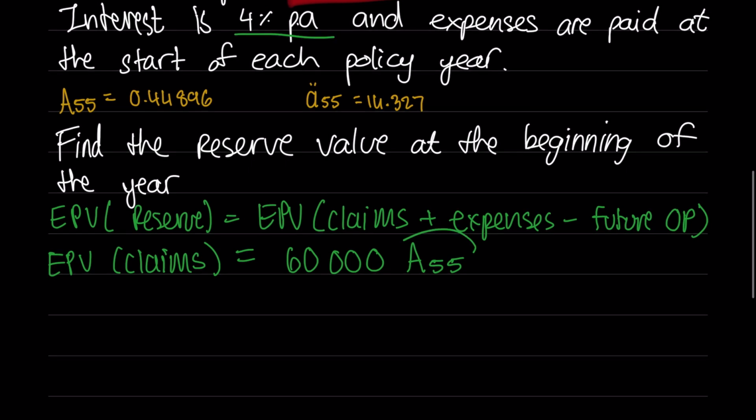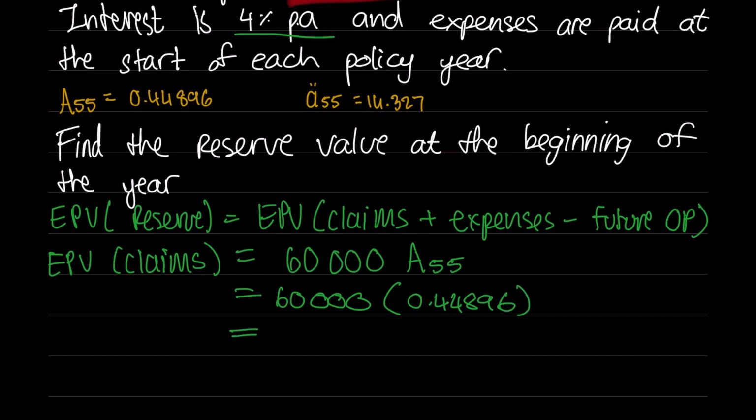And remember when we first introduced these notations, capital A 55 literally means the expected present value of a whole life insurance benefit for a life aged 55, which is tabulated. We have that value there. Pop that in the calculator.